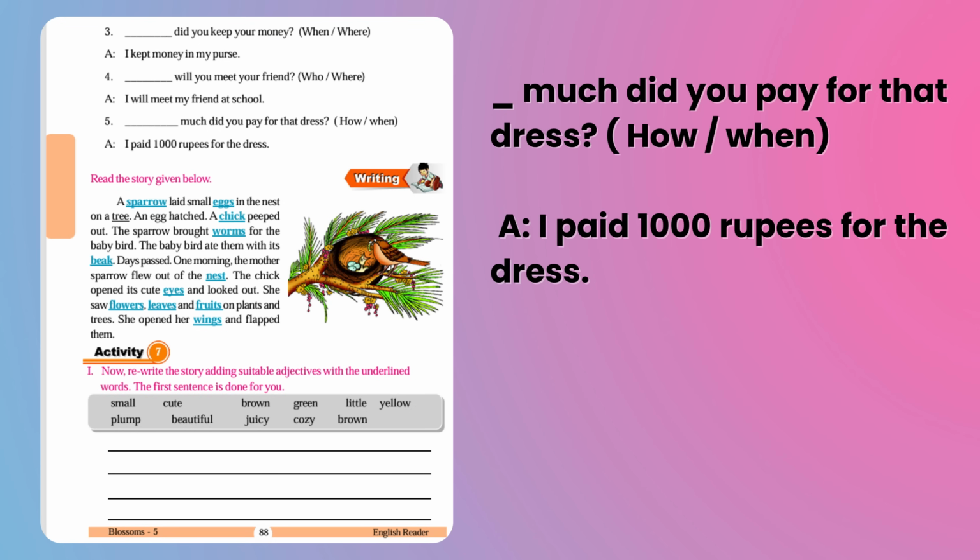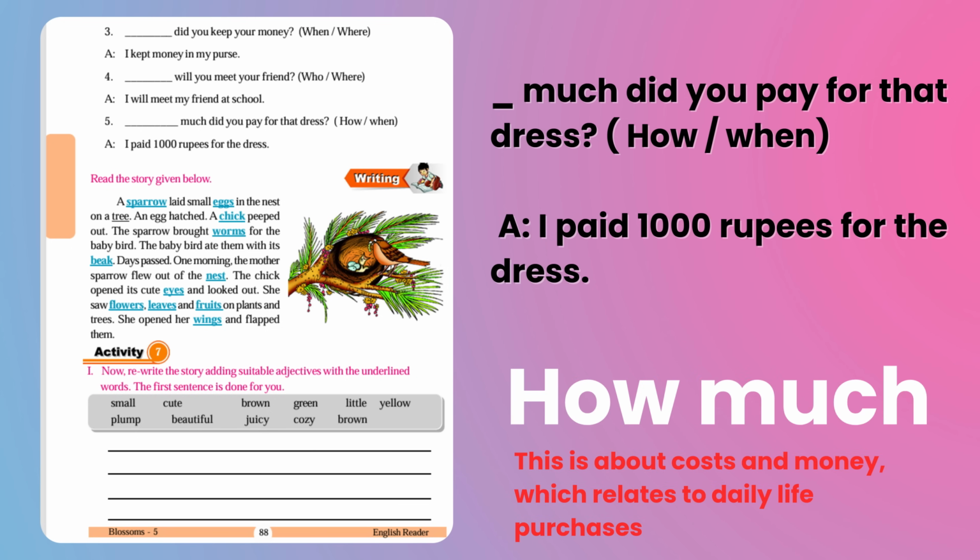The answer is 1,000 rupees. This tells us the amount of money paid. When we ask about amount, we use how much. So the question is, how much did you pay for the dress? This is about costs and money, which relates to daily life purchases and even the cost of items like the necklace in the necklace chapter.